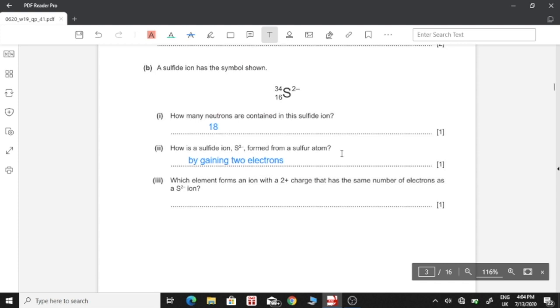So after it has gained the charge of 2 plus, it is supposed to have 18 electrons. Naturally occurring in the periodic table, it is supposed to be having an atomic number of 20, and that is the calcium element.